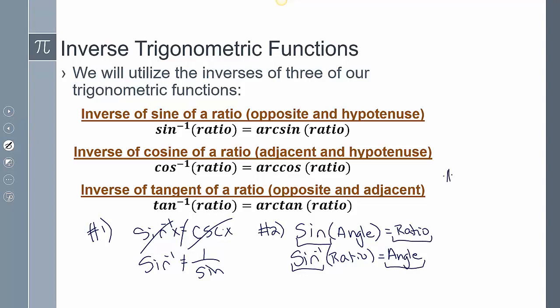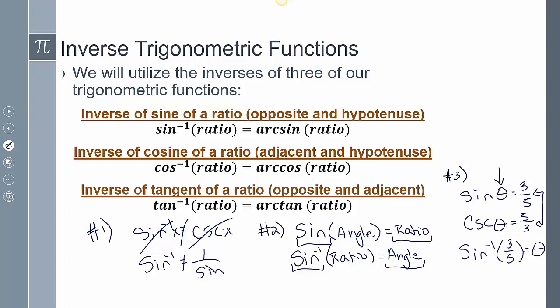Number 3, if I say the sine of theta equals 3/5, that means that the cosecant of theta equals 5/3, right? Because we said that they're reciprocals of each other. That's why I flipped them. Notice theta stayed the same, which means that the sine inverse of the ratio will equal theta.